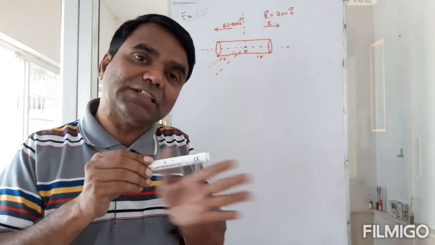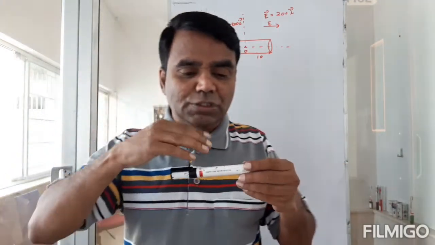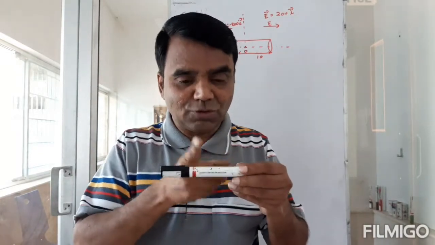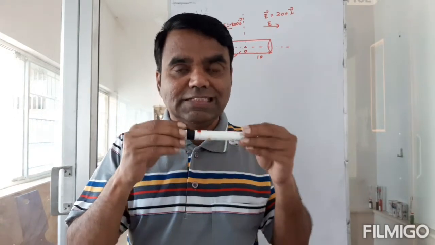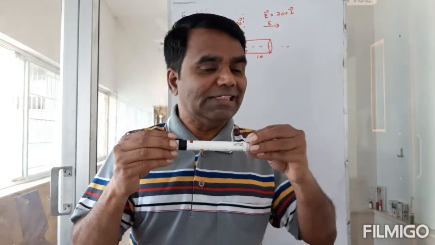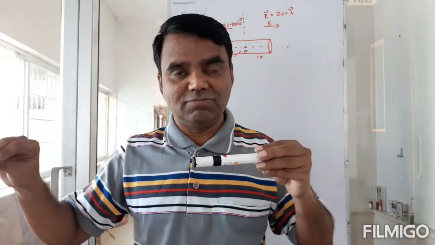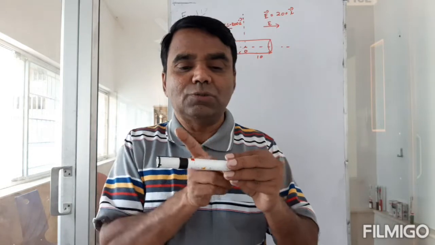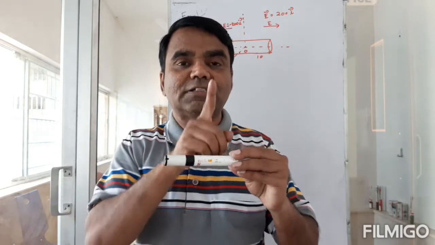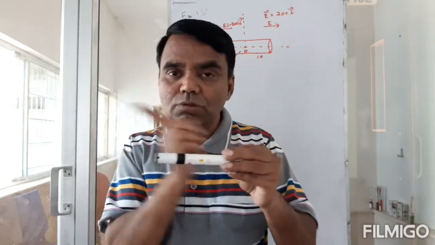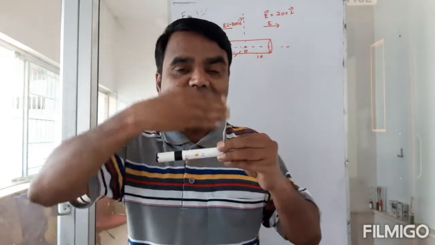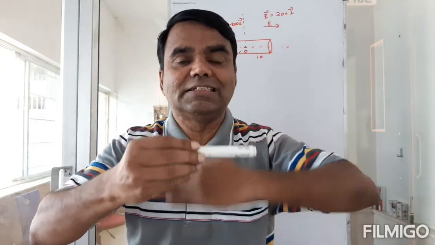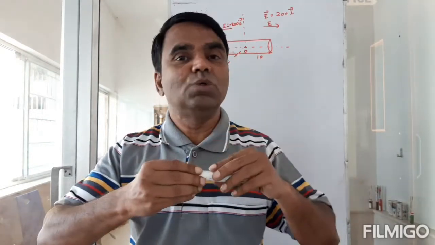See, E is in this direction only. So, is there any flux coming out of the cylindrical surface? No, it cannot. No flux can come out of the cylindrical surface because E is only in this direction and this direction. If we take this surface, the normal is like this. So, the normal at every point on the surface is going to be 90 degrees to E. So, the flux through the curved surface of the cylinder will be 0.